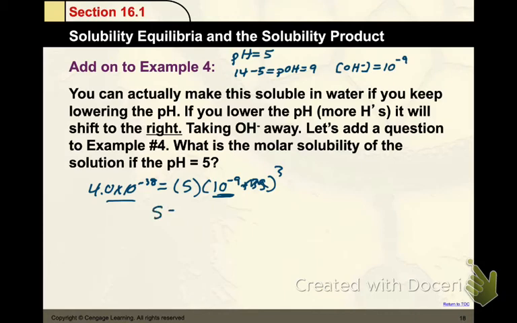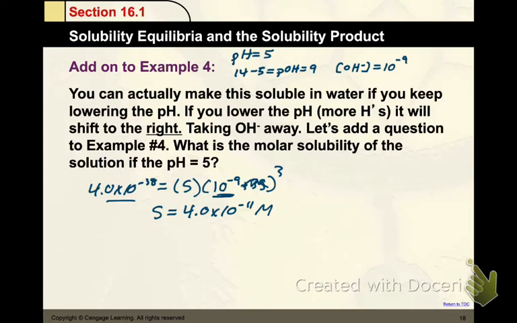So solving for S, we get 4 times 10 to the minus 38 divided by (10 to the minus 9) cubed, and we end up getting 4.0 times 10 to the minus 11 molar.